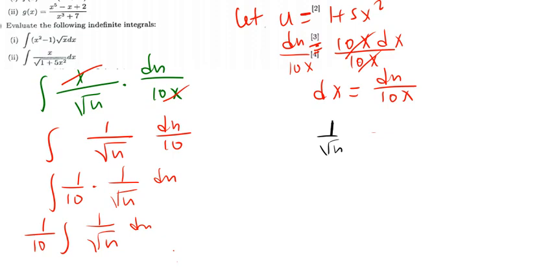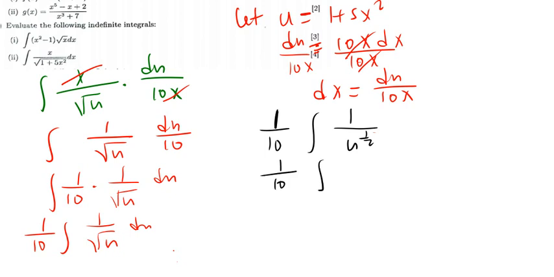So when I remove the square root, I'll just say 1 over 10 is here, the integral of 1 over u to the power half. But when I'm trying to remove 1, remember, if I go back to what we've been doing, it's going to be u to the power negative half, meaning 1 has gone. So I have 1 over 10, then u raised to the power negative half, meaning this 1 has gone.